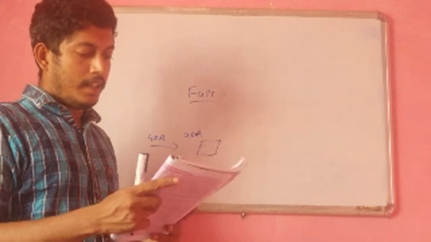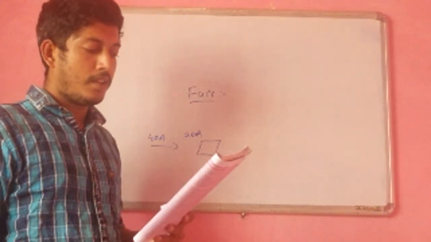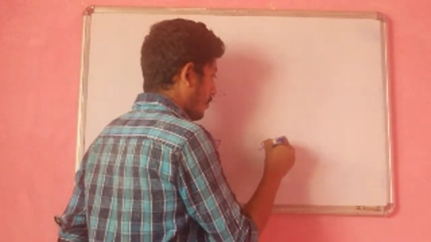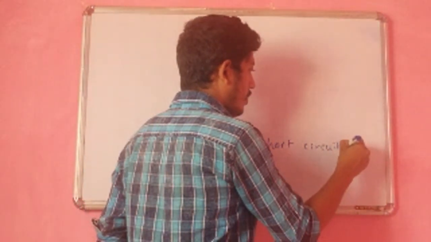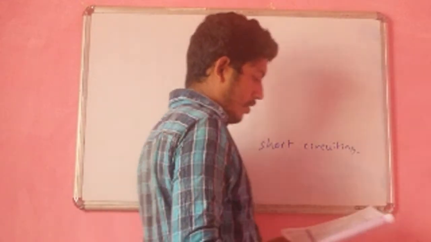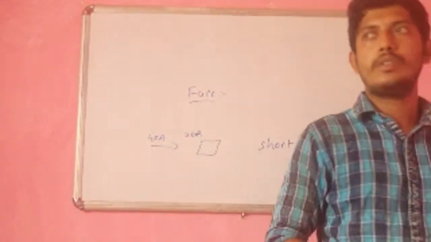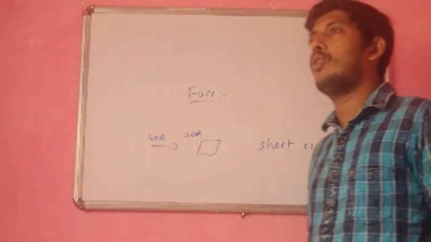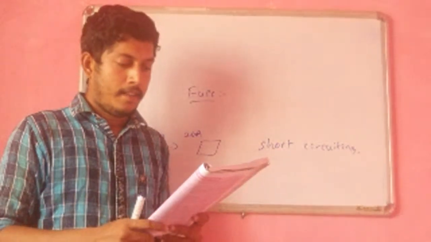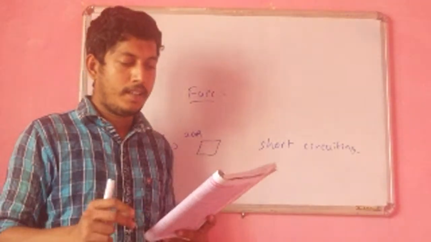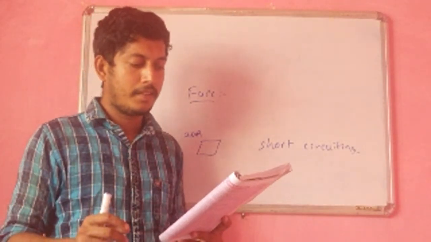And here another word is given, short circuiting. Short circuiting means plenty number of switches are connected to a single socket. In such a situation, the current in the circuit abruptly increases. This is called short circuit.